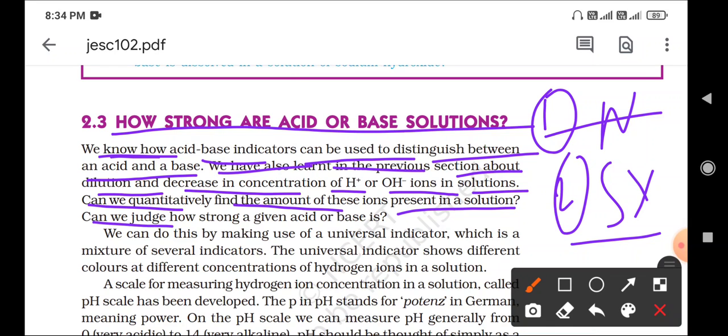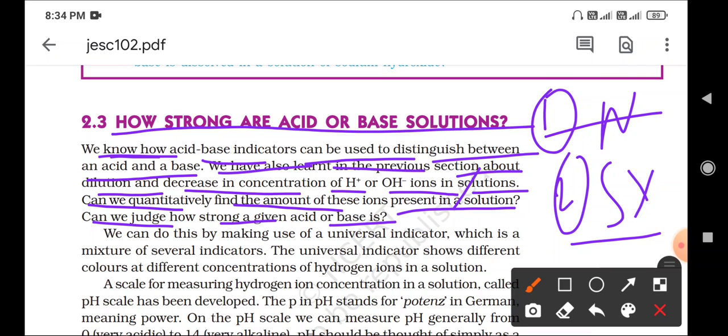Can we judge how strong a given acid or base is? Acid mixed with water is called diluted, and one not mixed with water is called concentrated. So how can you say how diluted or how concentrated it is, that is, which one is the weak acid and which one is the strong? Diluted means weak, concentrated means strong.